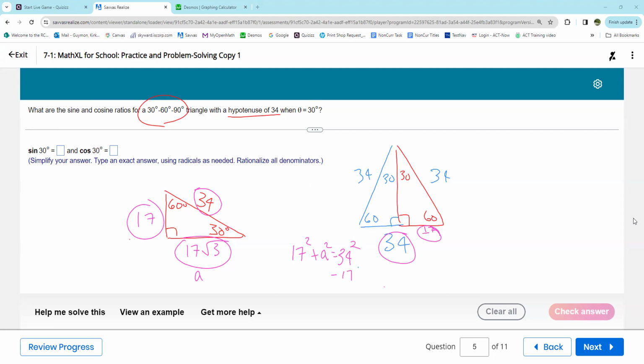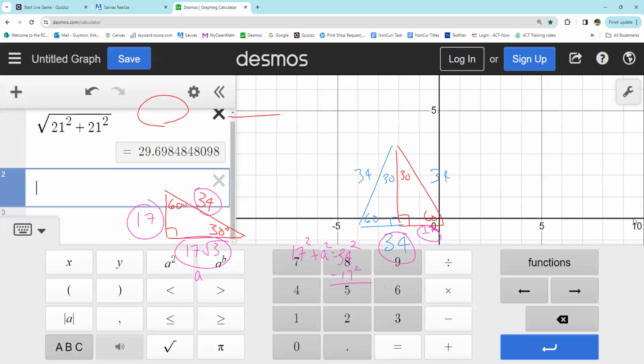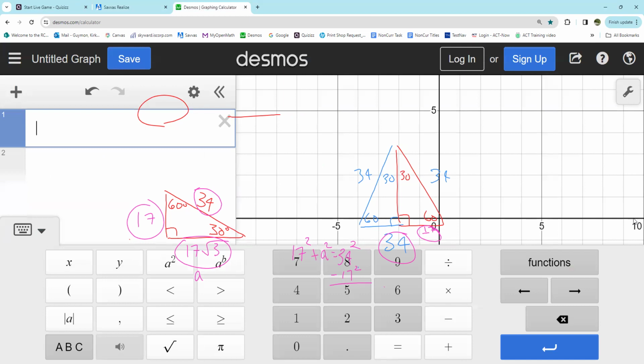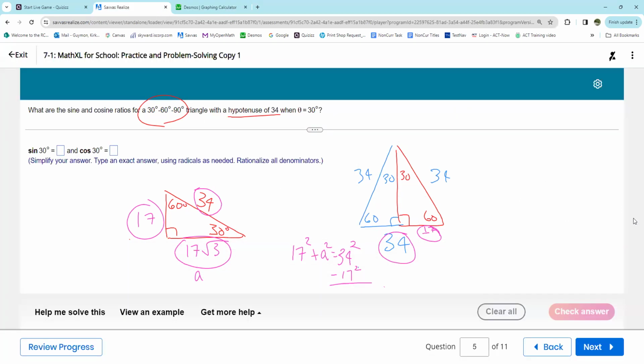And if you subtract the 17 squared, 34 squared minus 17 squared, 867 there. And then you're going to square root that.